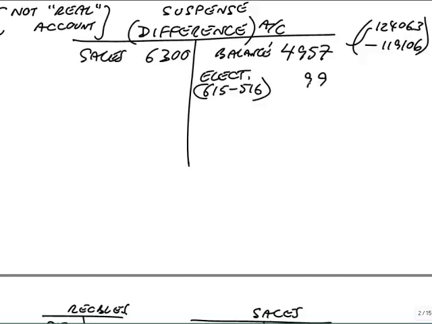I think 99. Again, it's not a real entry, but effectively debit the electricity. Fine. If I credit suspense, well again, although we're not going to take a balance, the balance there is the error I'm still looking for. Am I making sense? Let's do another one.